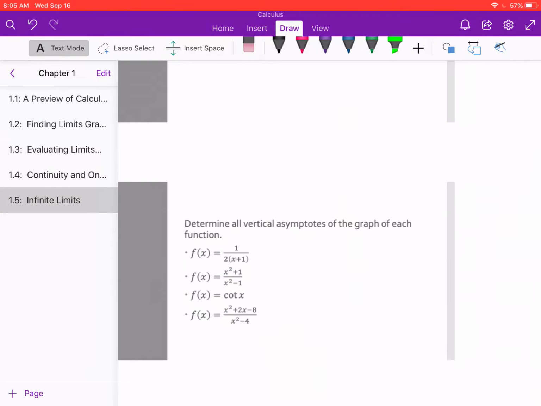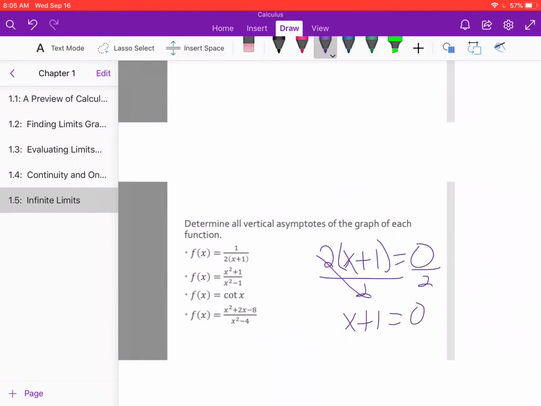The first one, we want to set 2 times (x plus 1) equal to 0. Divide by 2, divide by 2. So x plus 1 equals 0 still, minus 1, minus 1. So we have an asymptote at x equals negative 1.